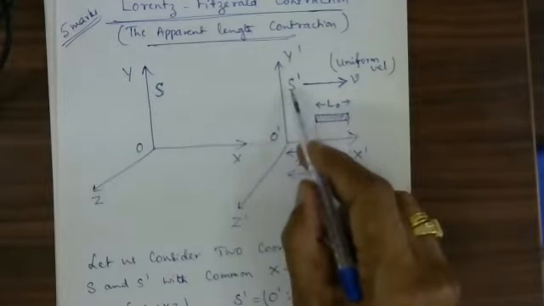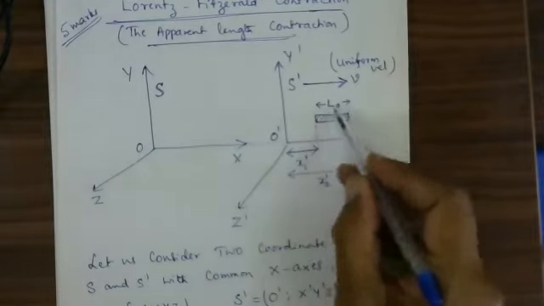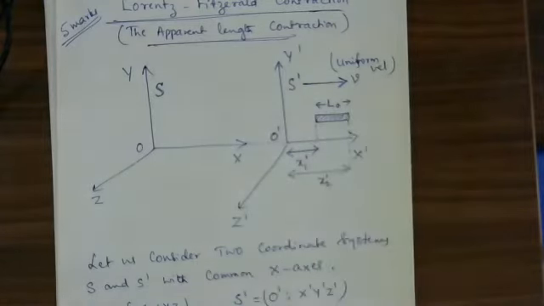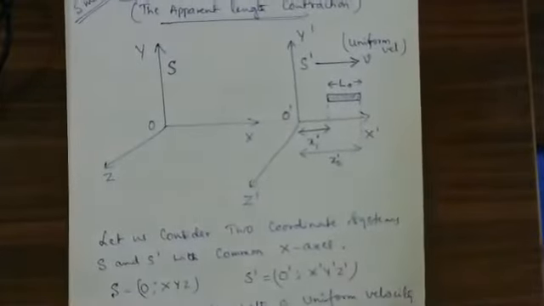I hope you understood. Therefore, x2 dash minus x1 dash is equal to how much? L naught. Is it clear? Is it understood by you? First, you understand about this.